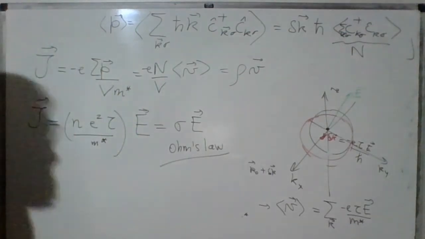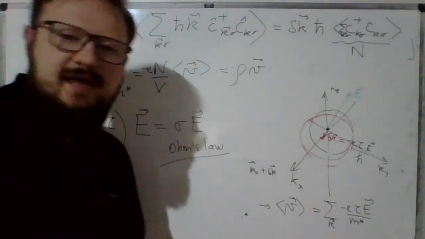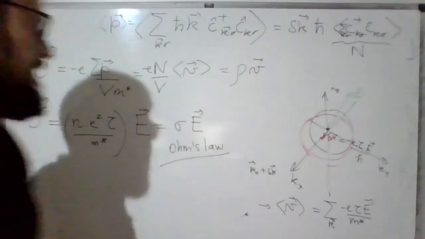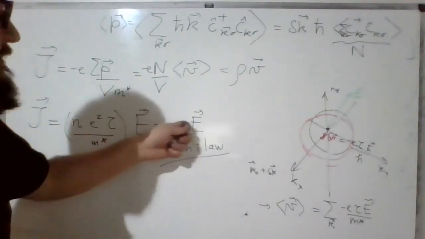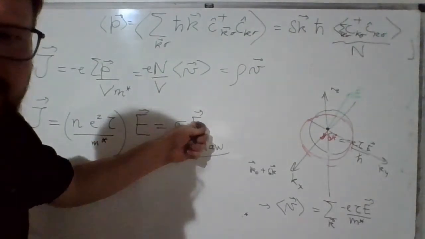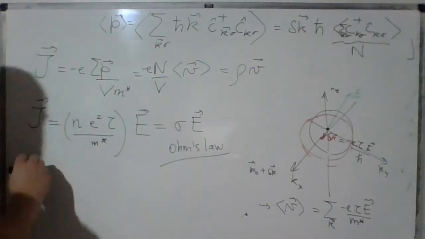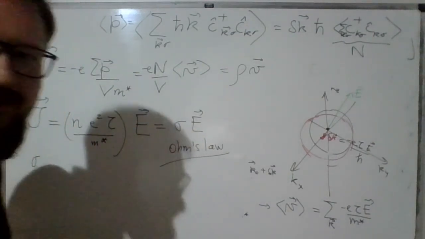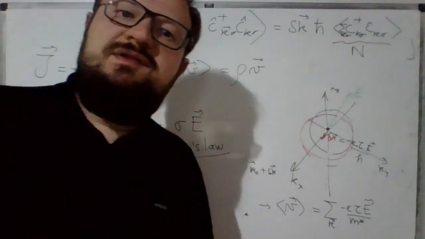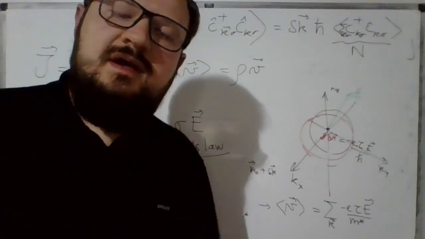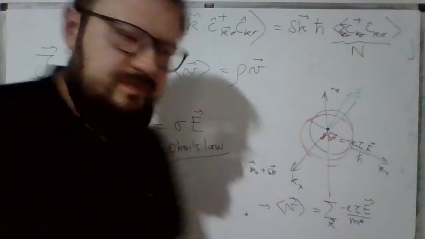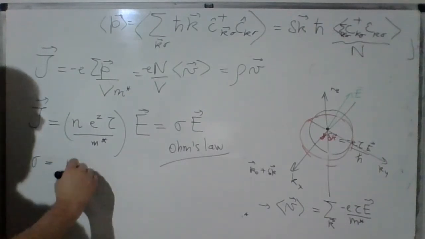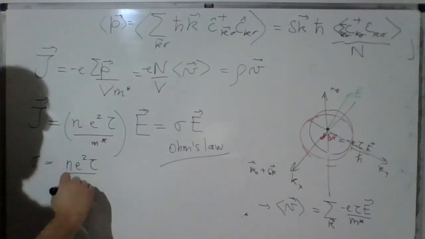The current density depends on the applied electric field times a constant, which is not in general a constant, but in a metal, for low frequencies of the applied electric field, it is nearly constant. This constant here is called the electrical conductivity.